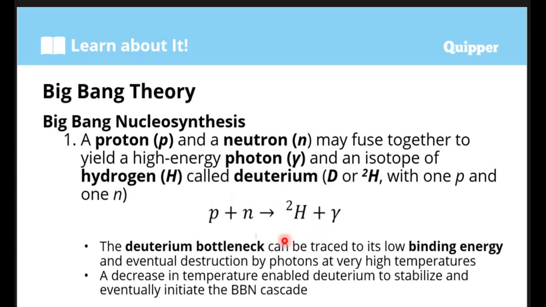So this is the chemical equation, or the chemical formation of the equation. How was deuterium formed? There is a proton and a neutron that are being added.